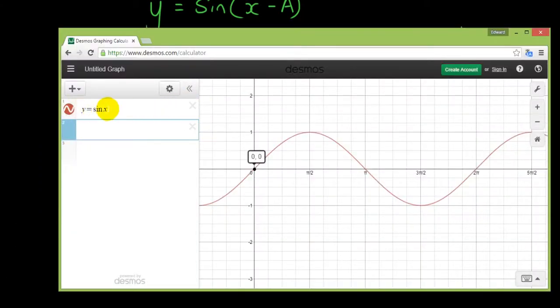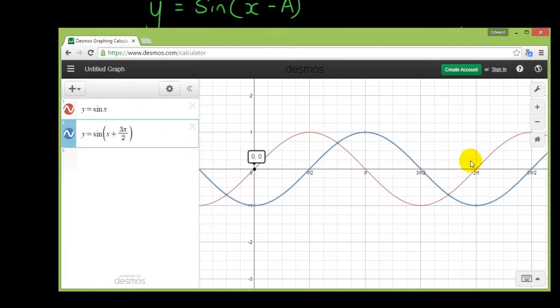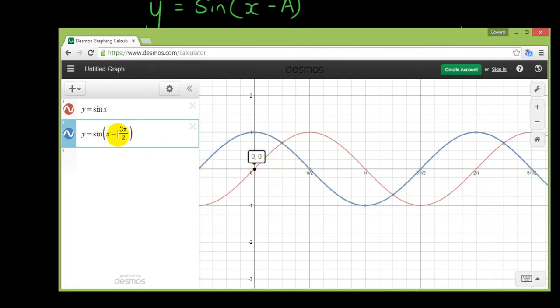Originally we have y equals sine x. Let's now put in y equals sine of x minus 3 pi over 2. You can see here that originally the origin is here, but I have moved it all the way over here.